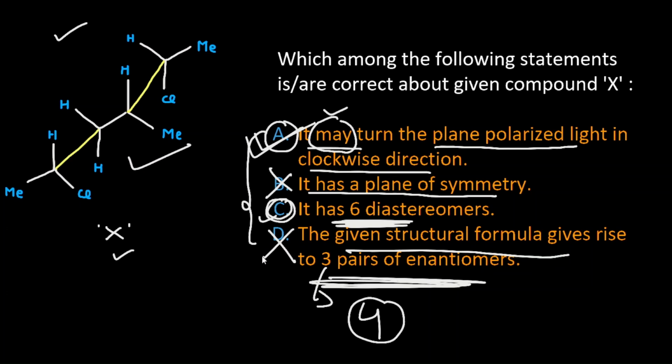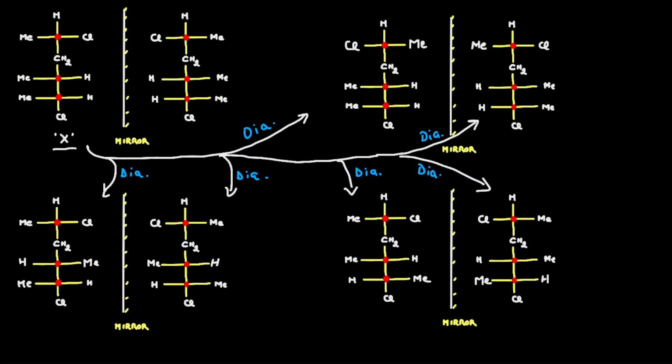Let us see the meaning of diastereomers, and then calculate the number of diastereomers. Diastereomers are those stereoisomers which are non-mirror images of each other. They should not be mirror images of each other.